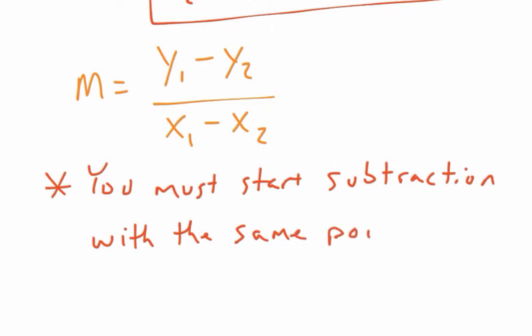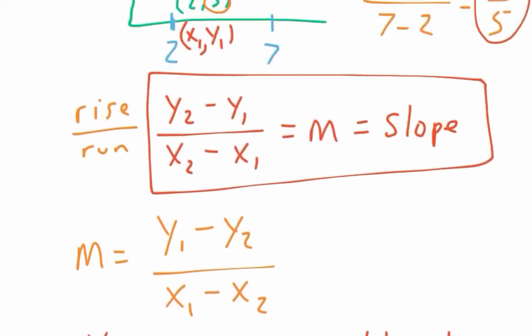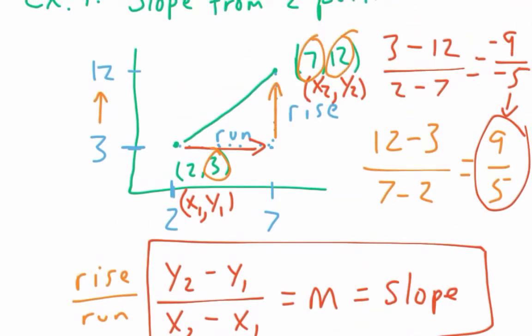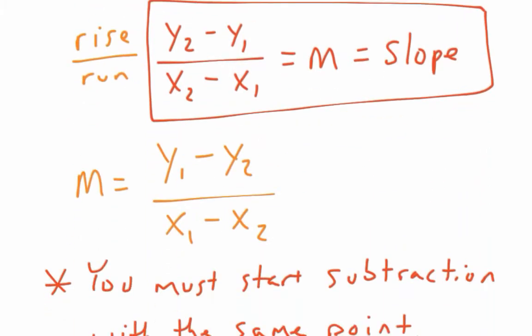Often what I'll do is start with the point that has the bigger numbers so I can stay in the positives. But the most common mistake is I'll see people do 12 minus 3 and then they'll do over 2 minus 7 or something like that. If you start with the 12, you have to start with the 7 in the denominator. You start with the 3 in the numerator, you have to start with the 2 in the denominator.